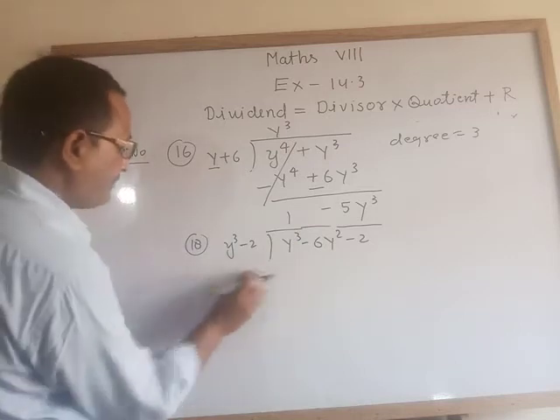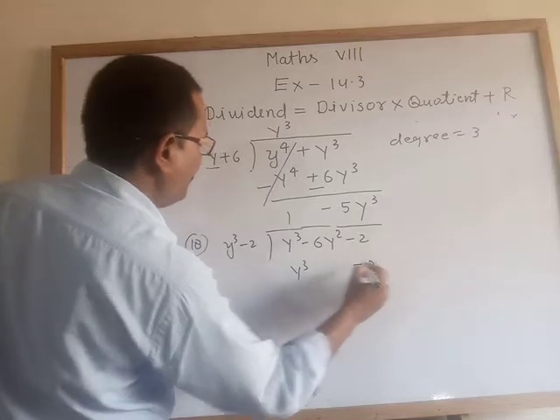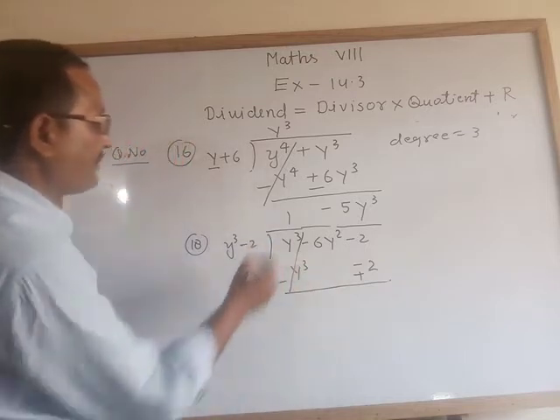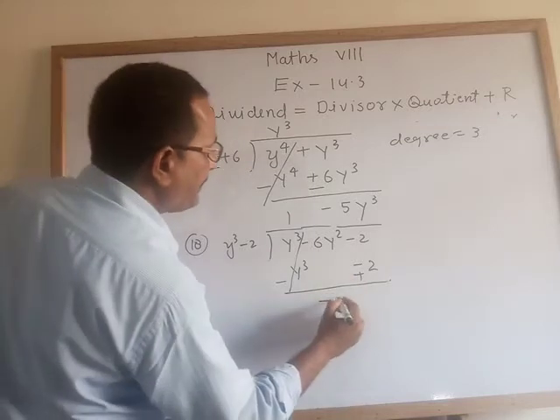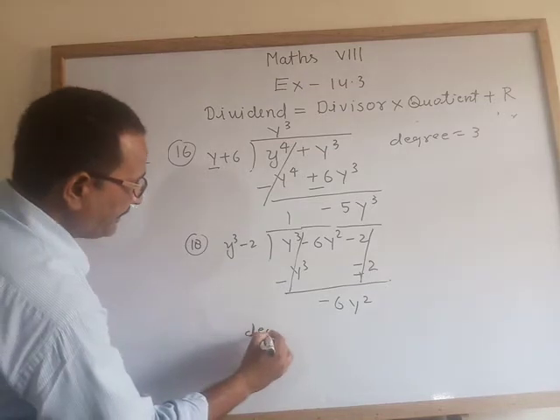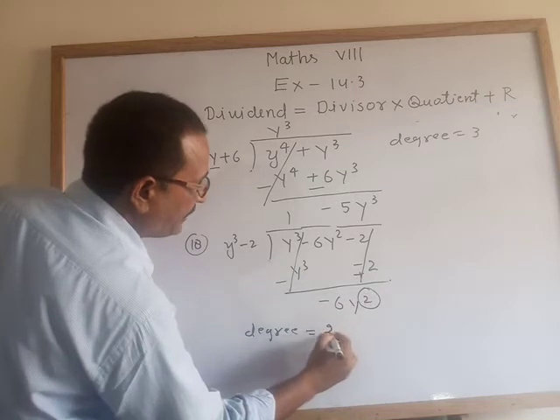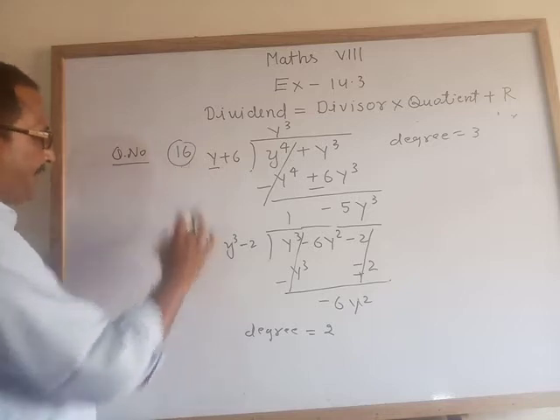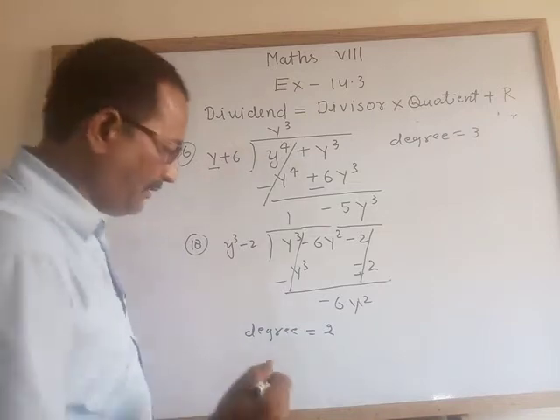Multiply by 1: y cube minus 2. Minus plus, cancel, the 2 and 2 cancel. What is remaining? Minus 6y square, this one cancels, meaning the degree will be 2. The degree of the polynomial will be 2. Okay, this is question number 16 and 18. In this only 4 questions are given; 17 and 19 you have to solve.